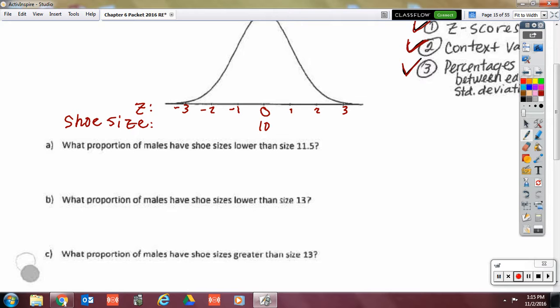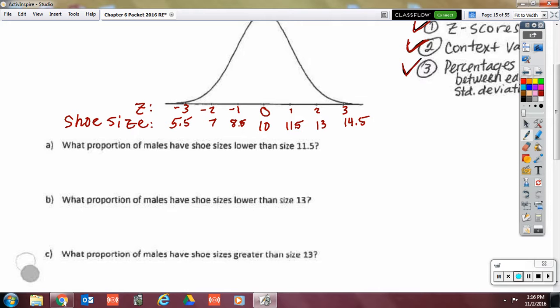So we're going to go up to 11.5 and so on, and then I'm going to add another 1.5 and another 1.5. Then I'm going to be subtracting 1.5 as I go down, subtract another 1.5. So I just subtracted 1.5 each time or added 1.5 each time.